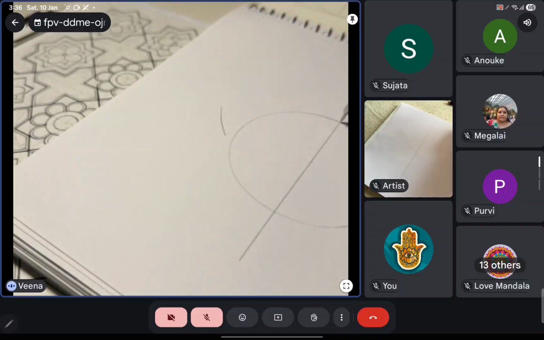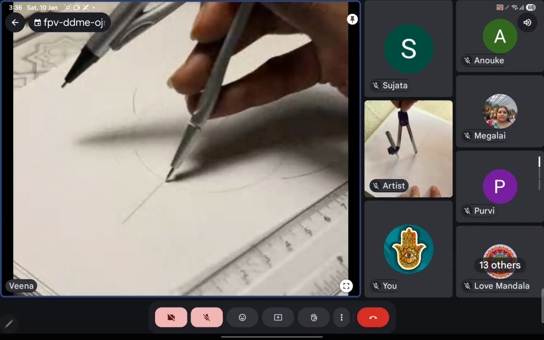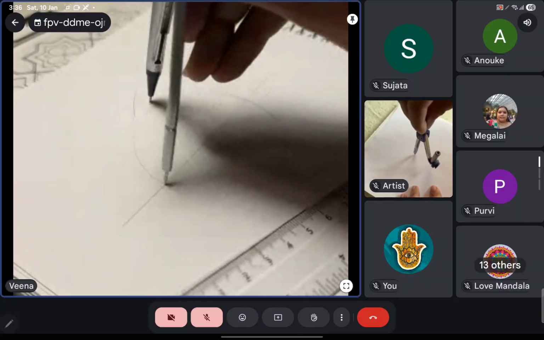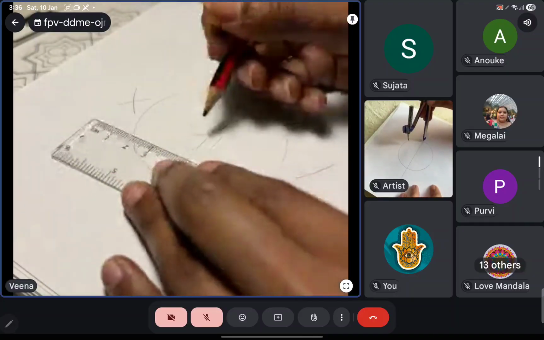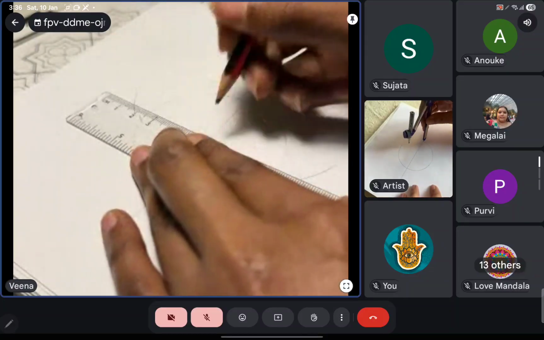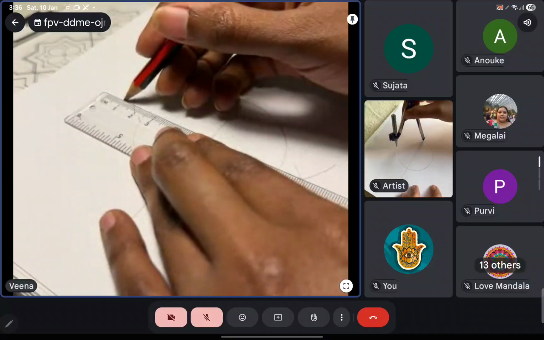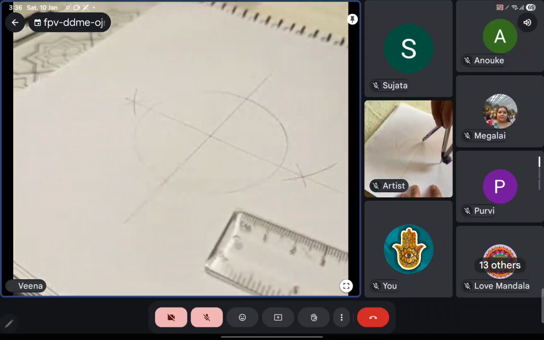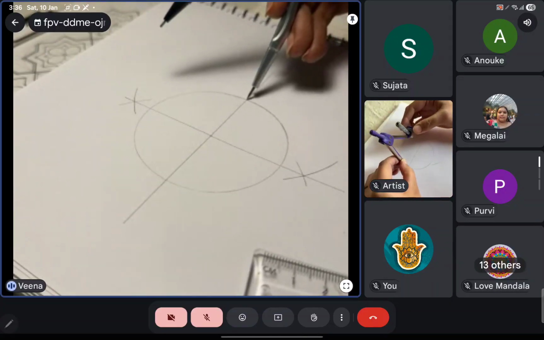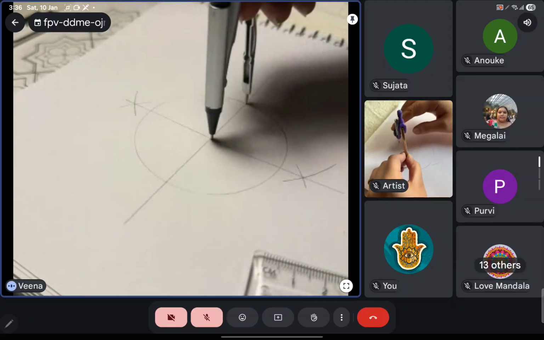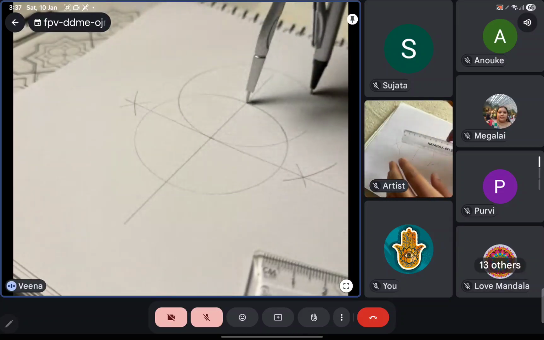Draw an arc. Join that. Now take the 3.5 measurement again and from all the four sides, draw a circle.